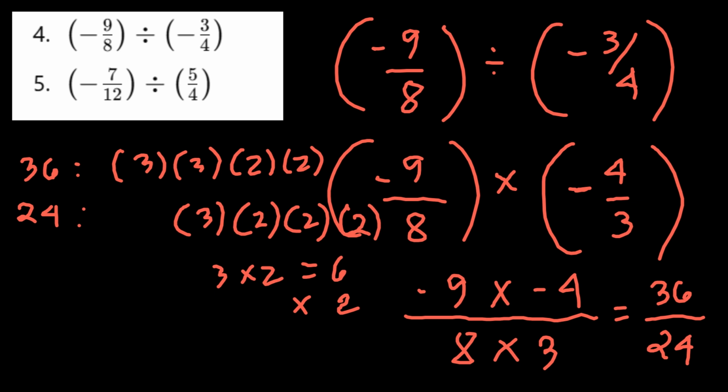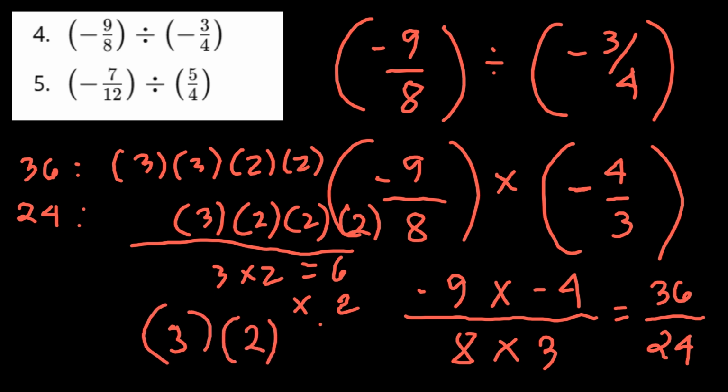Now let's see what is common to them. I can see that they both have 3, and they both have 2, and they both have 2 also.